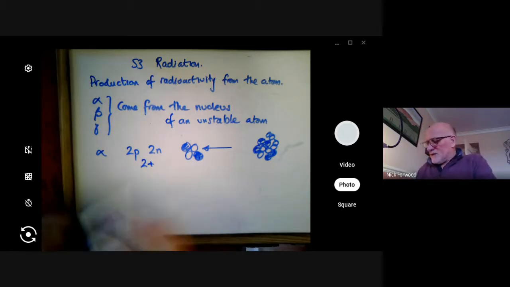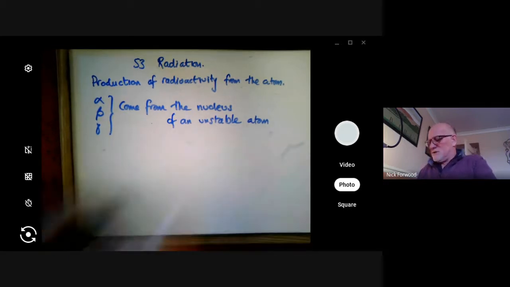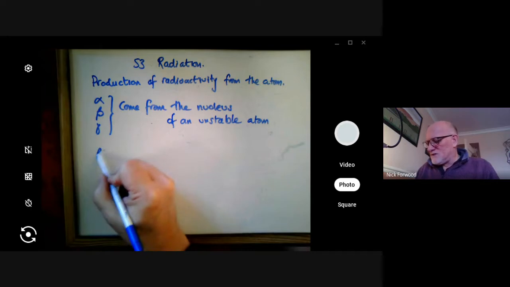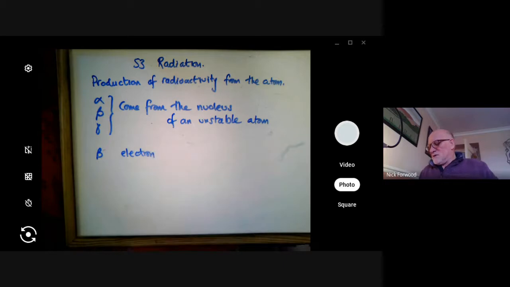Now, beta also comes from the nucleus of the atom. And what is beta? Beta is a negative electron. But in the work that I've just done, and you've already got written down today, we know that electrons whiz around the outside. But a beta particle is not one of the orbiting electrons.